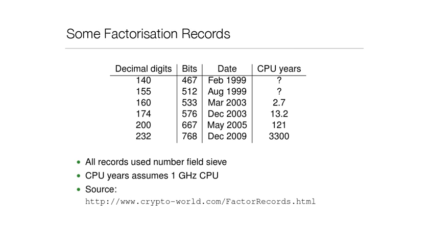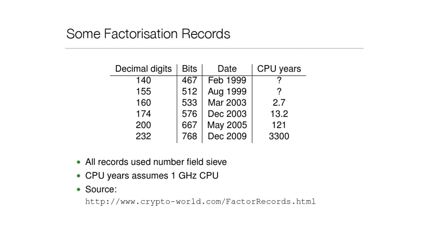Okay, these are some factorization records. If we have a number with 140 or 160 decimal digits, according to March 2002, this will take 2.7 CPU years. The CPU years assume a 1 gigahertz CPU. Using a 1 gigahertz CPU, we have to spend 2.7 years to factorize this size number.